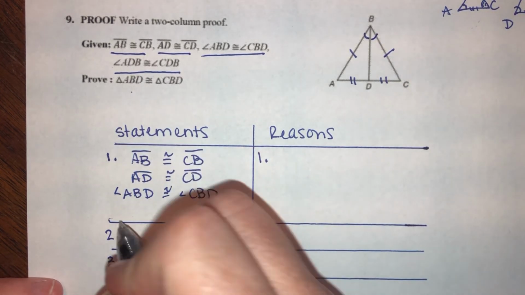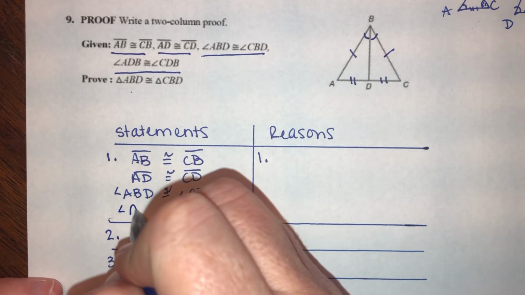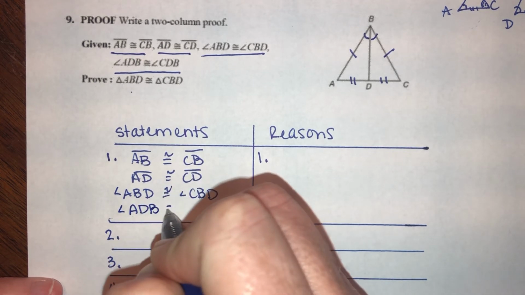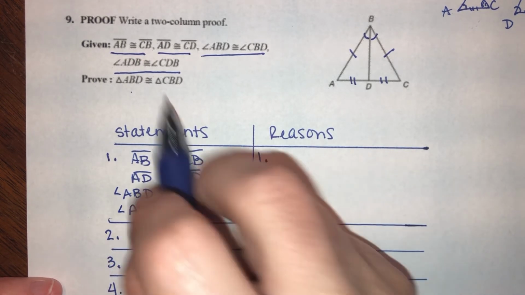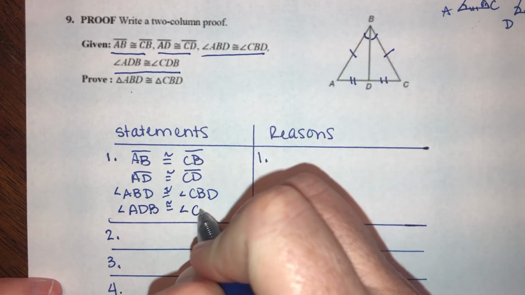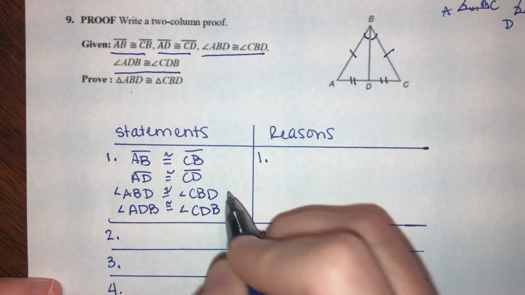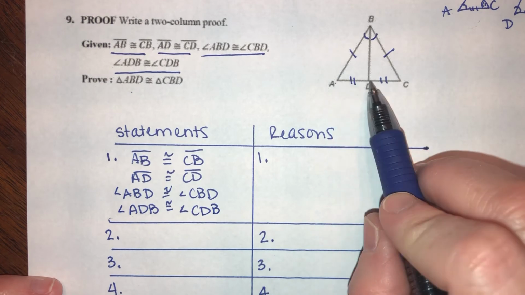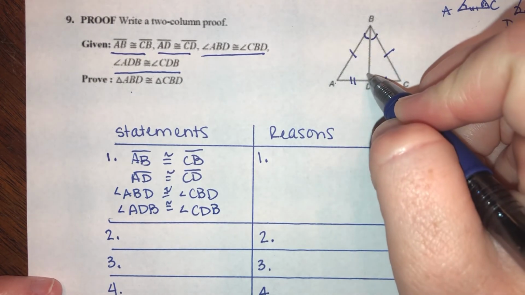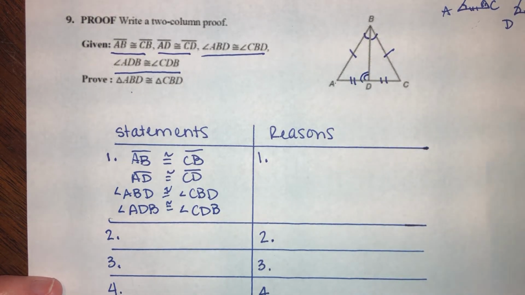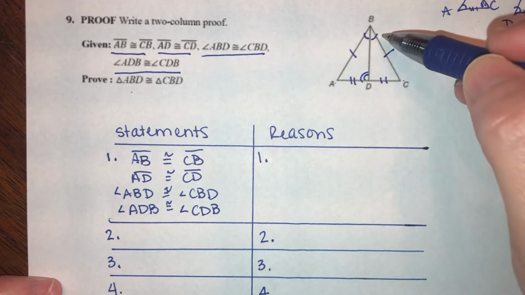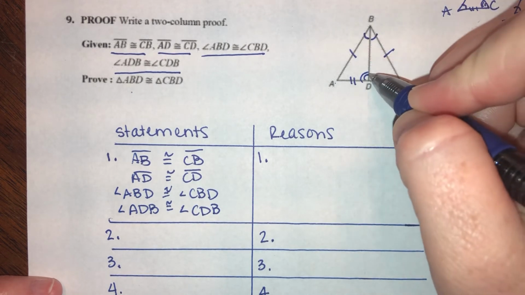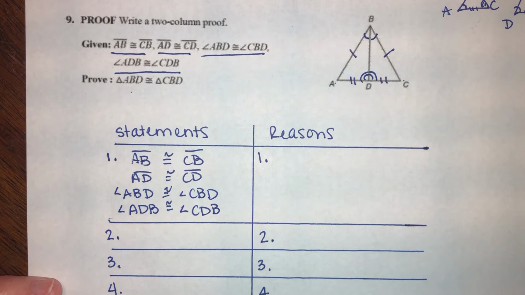And lastly, it tells me that angle ADB, it looks similar, but it's not the same angle, is congruent to CDB. They flip the last 2 letters. So ADB is this guy. It's congruent to CDB, this guy. That's congruent, right?